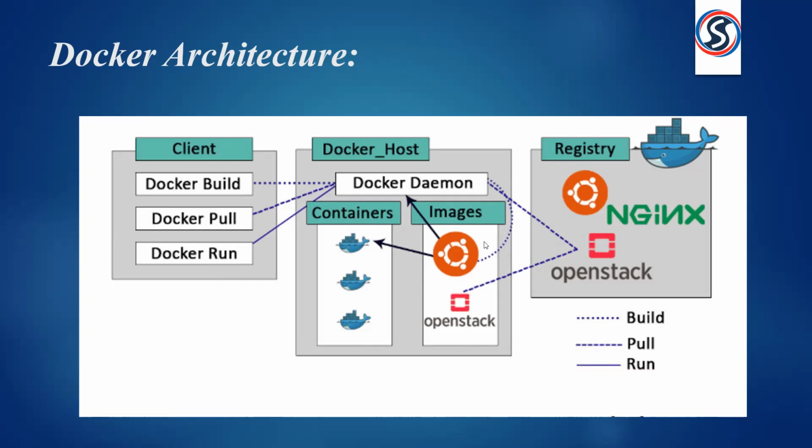And always remember, Docker Hub is a public registry that anyone can use. It doesn't have any kind of encryption, and it doesn't need any kind of authorization. Anyone can use this. And Docker is configured to look for images on Docker Hub by default. Okay. You can even run your own private registry. It doesn't matter. Get it?